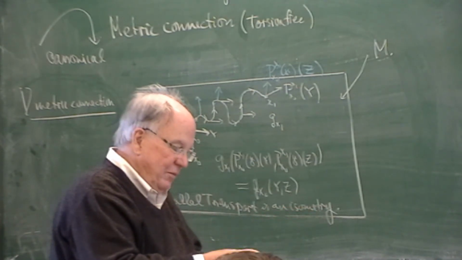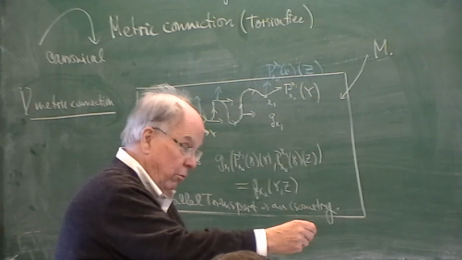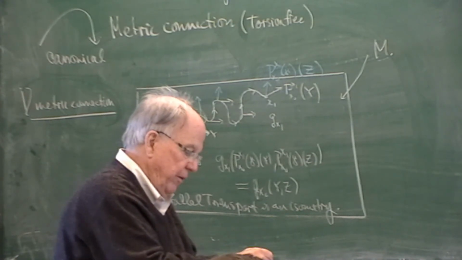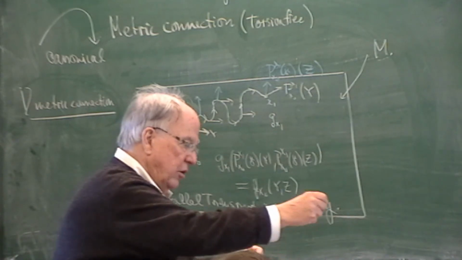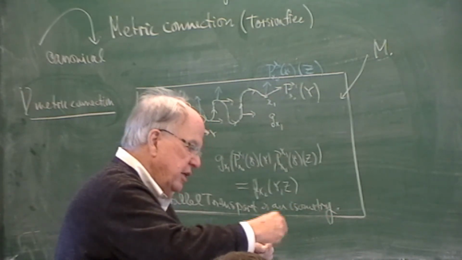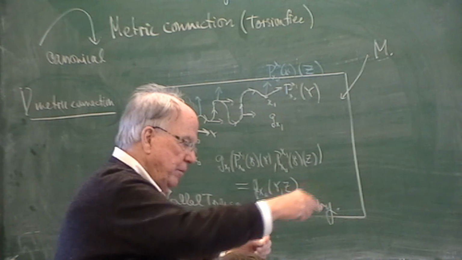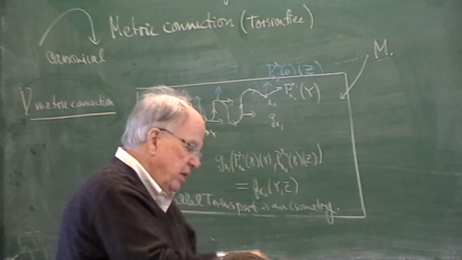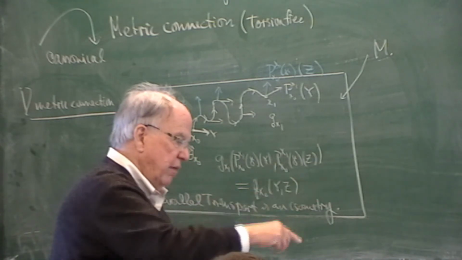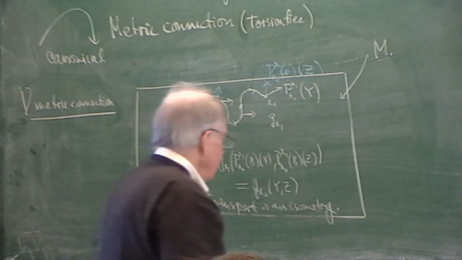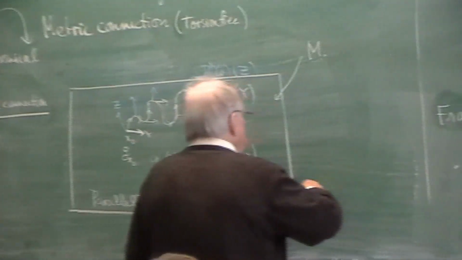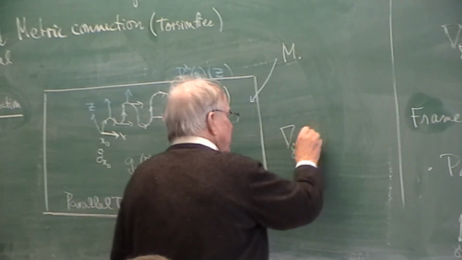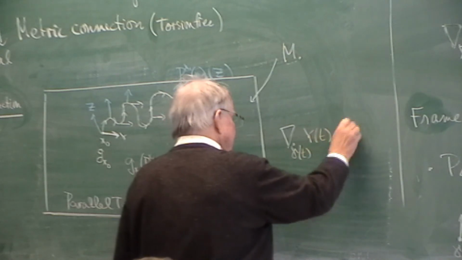It means that if you start with a curve, with a vector at the first point of the curve, and you move it parallel along this curve with respect to the tangent vector of the curve, it means that this doesn't change. So it means that nabla of the derivative field with respect to this thing doesn't change.